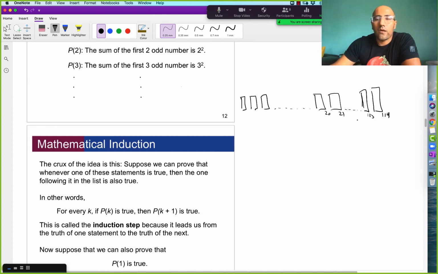Okay, so if they can just constantly keep giving you a bigger number, you're never going to be able to prove to them that you can put an infinite number of dominoes and they will all knock each other down.